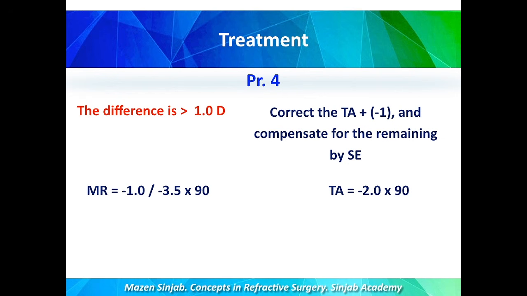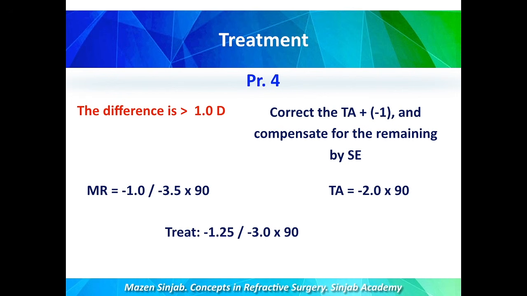If we treat the manifest refraction completely, in this case we are going to convert the topographic astigmatism into -1.5 at 180. Although it is with the rule, it is more than 1 diopter and it will be intolerable.